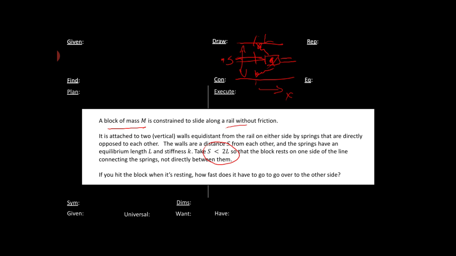So what would happen is if this was greater than the length of the two springs together, then the springs would just be pulling and the equilibrium point would be right there. So actually we could plot, as a function of S, the separation, where the equilibrium points are.